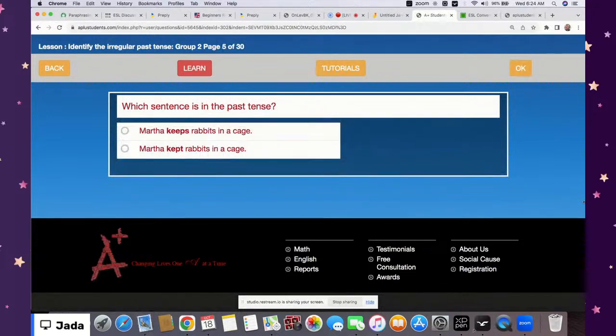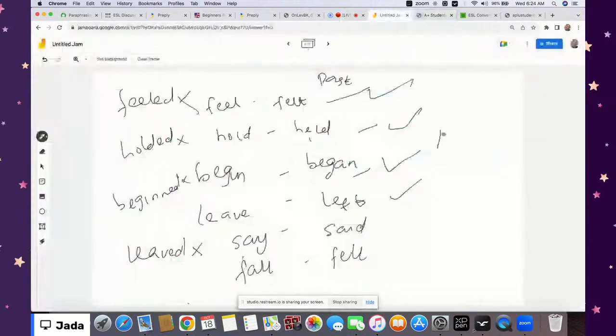Is it keeps or kept? So keeps is present and kept is past. Because of course we cannot have kept with ed, no. We have kept.